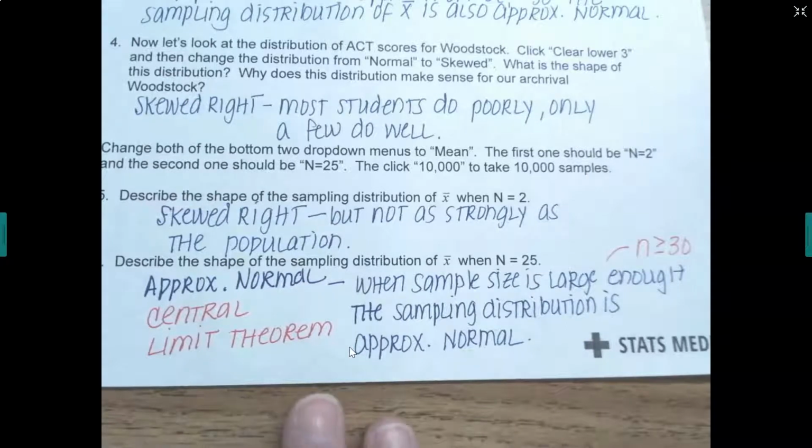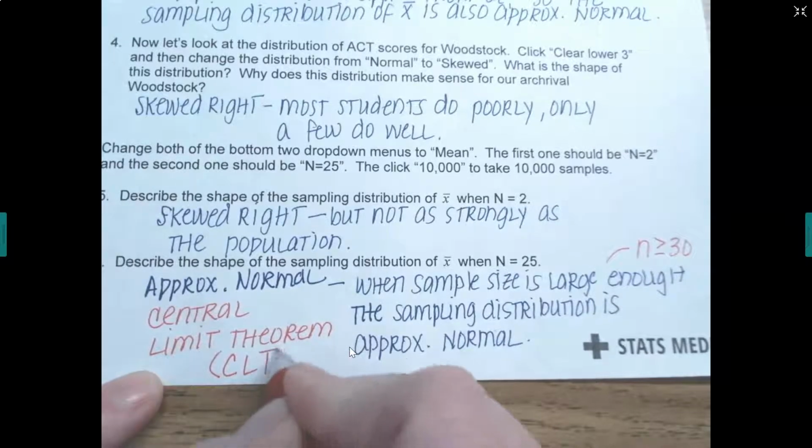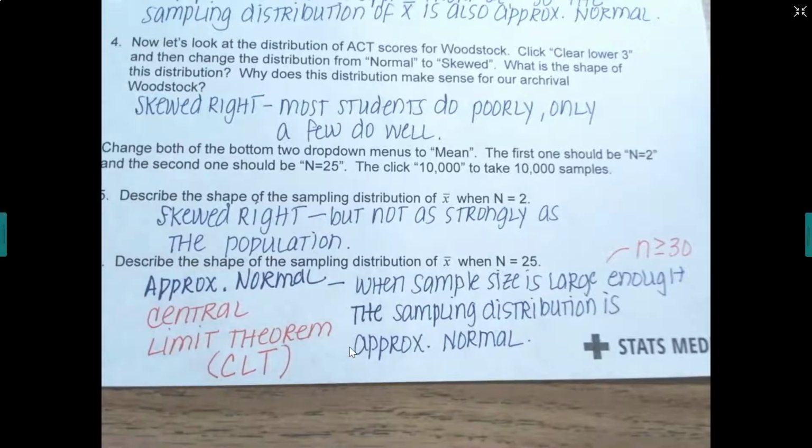For your distribution to be approximately normal, it has to meet the central limit theorem, and so you have to cite this, but you don't have to write central limit theorem. You can just write CLT. That's an acceptable abbreviation for this well-known theorem and would not require defining for your reader.